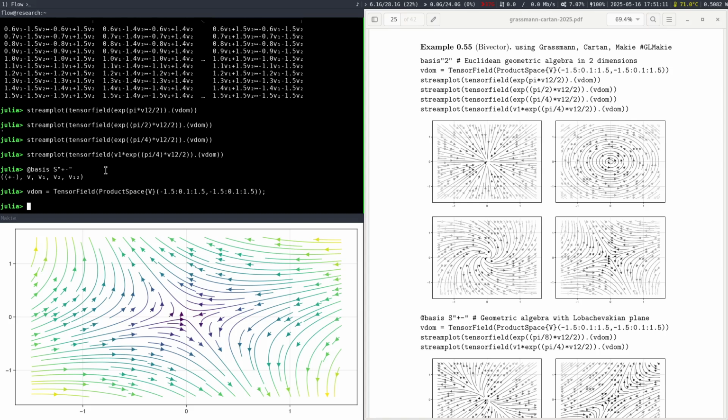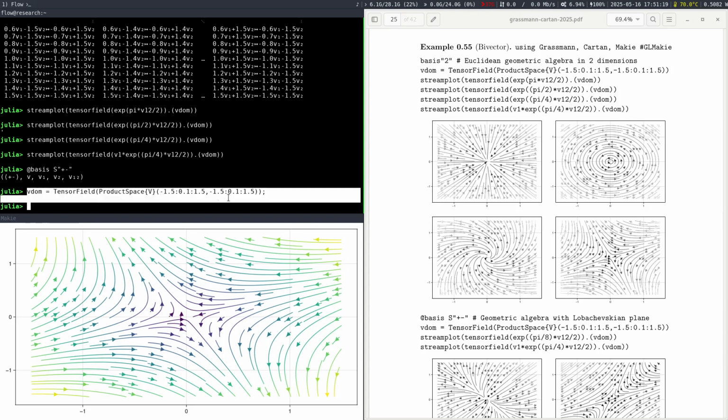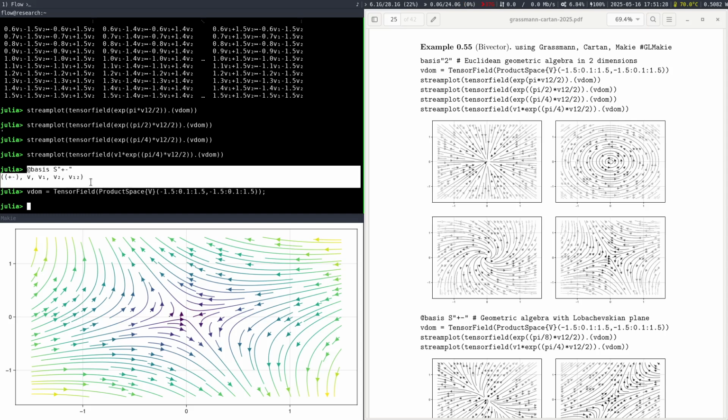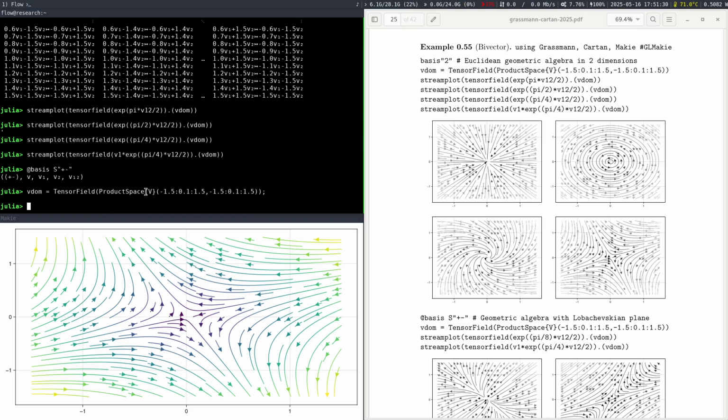So we have the same thing. But note that V here, this is the same line of code, but V is a different thing now. After we redefined the basis macro, V is now a different algebra, okay?